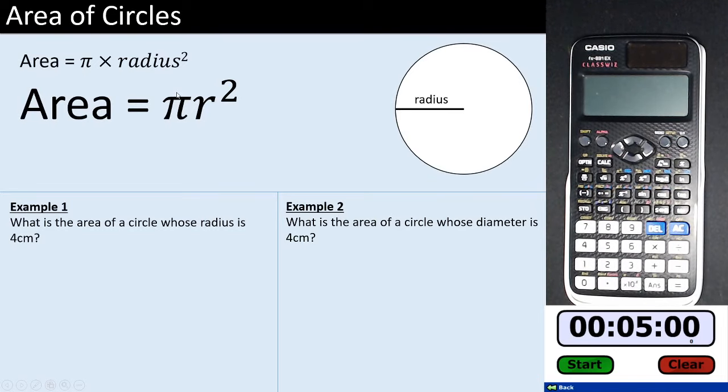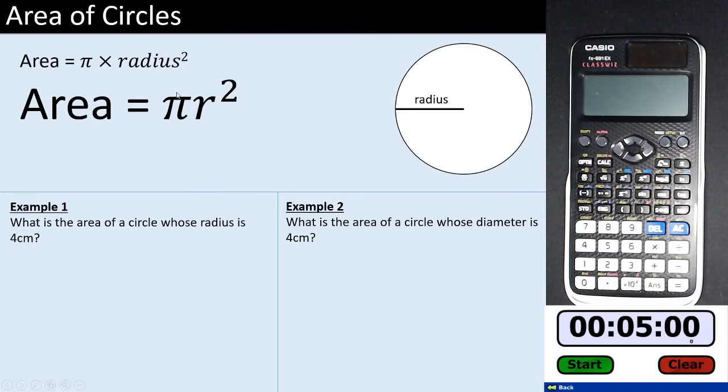Okay, and if you think about our mug from earlier, the radius is the distance from the center of our circle to the edge, just like we've got in that diagram there. Okay. If we knew the diameter all the way across, well, we can just halve it.